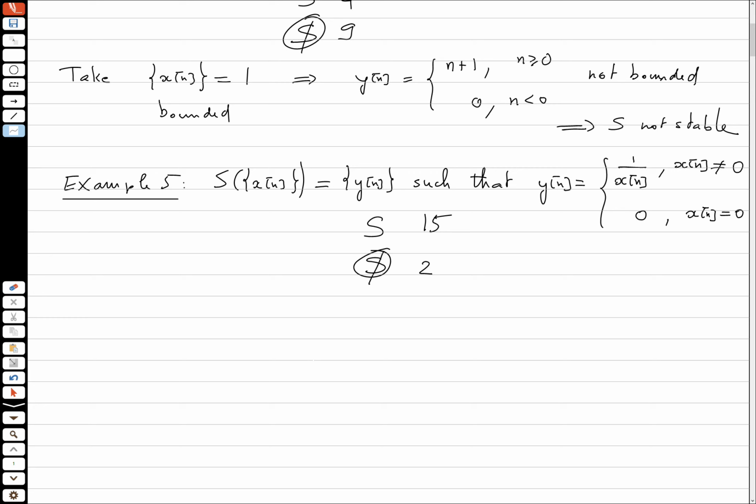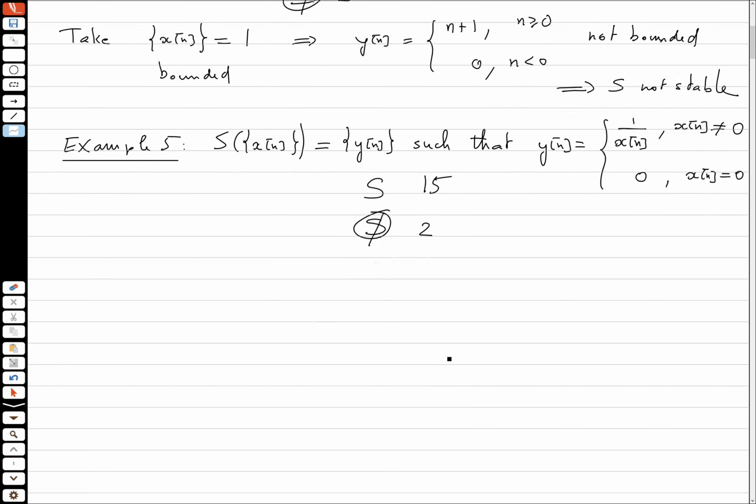I agree, but it may not be bounded. You're going to see what I want to say here. Okay, fine. Take this well-defined sequence.